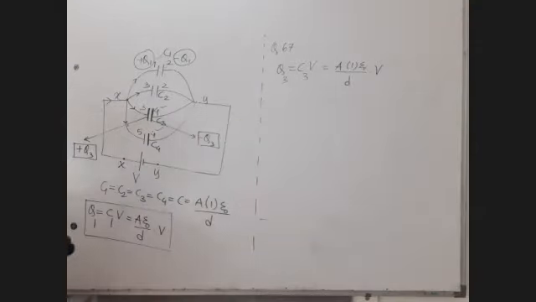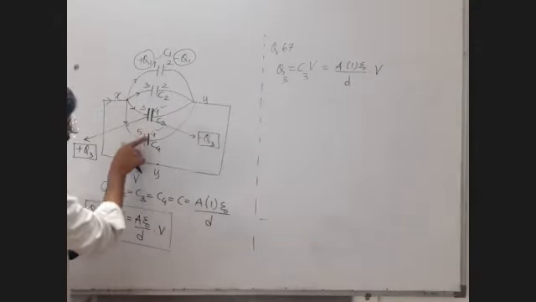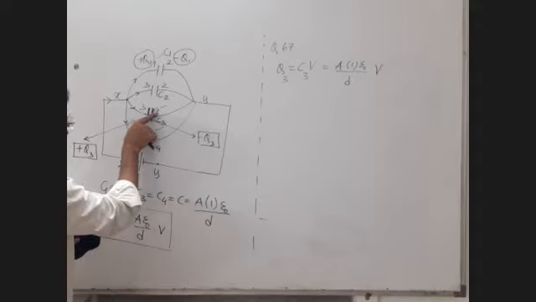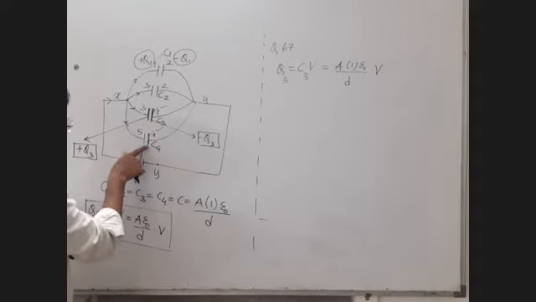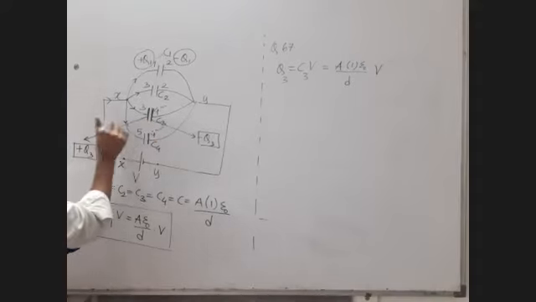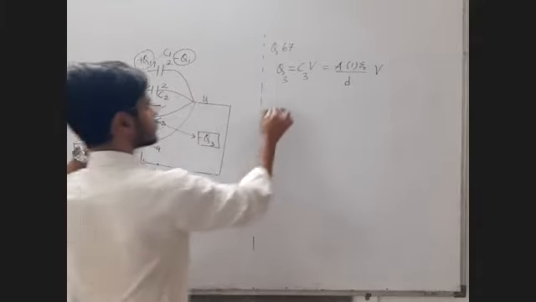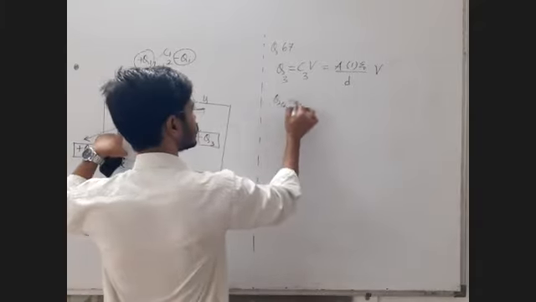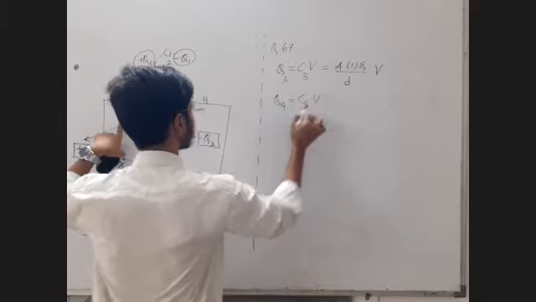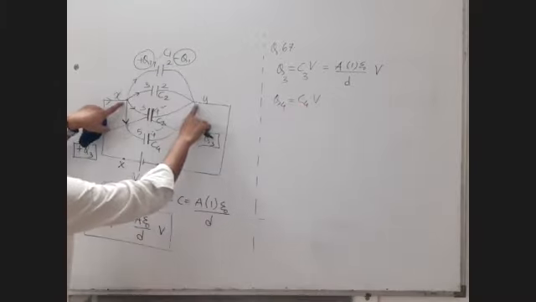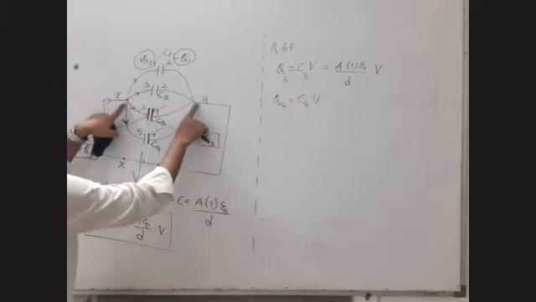Now let's find out charge on this plate also. The fourth plate is here also. So now we need to find out Q4 as well. Q4 is equal to C4 V4. No need to say V4 because the potential is the same here.